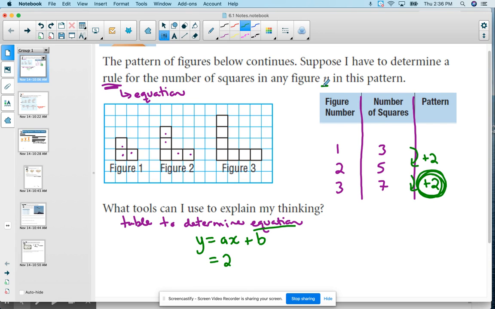This one tells you figure N in this pattern. So we're going to use the figure to be F and the number of squares to be N. So 2 times 1 is equal to 2.